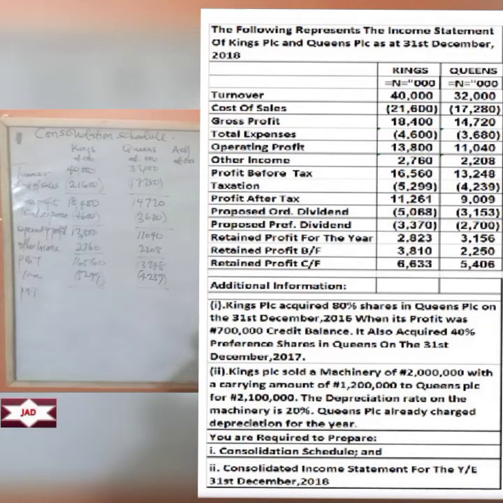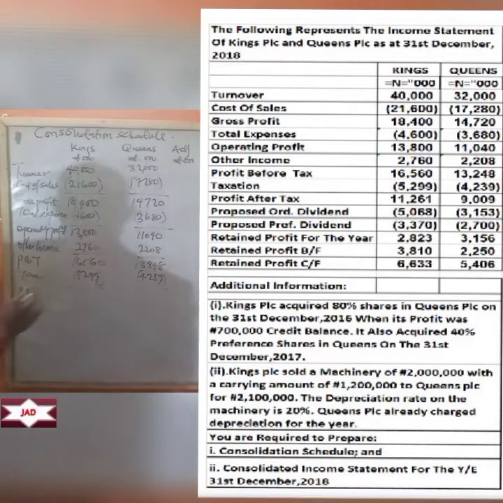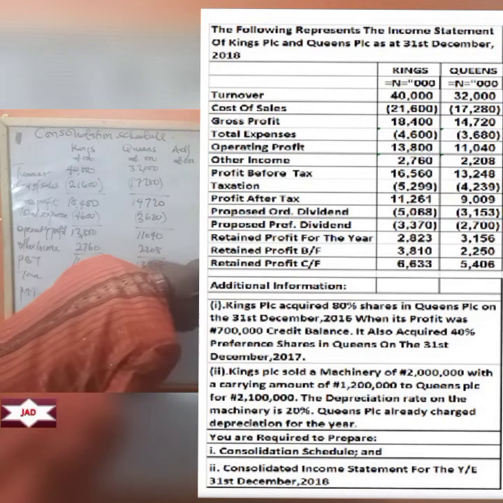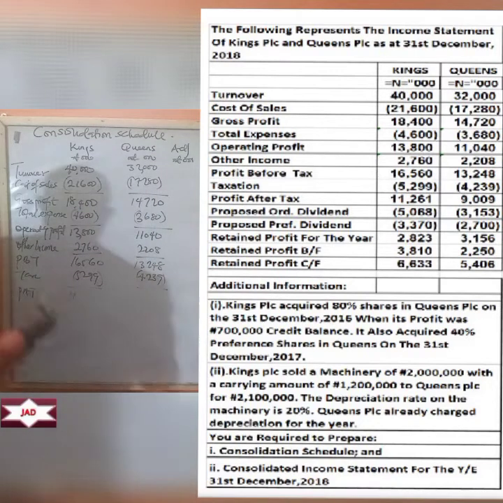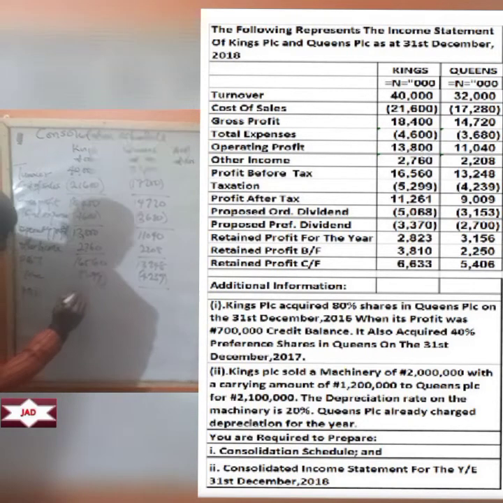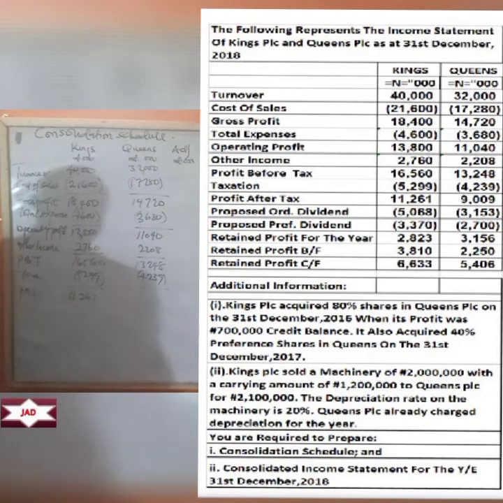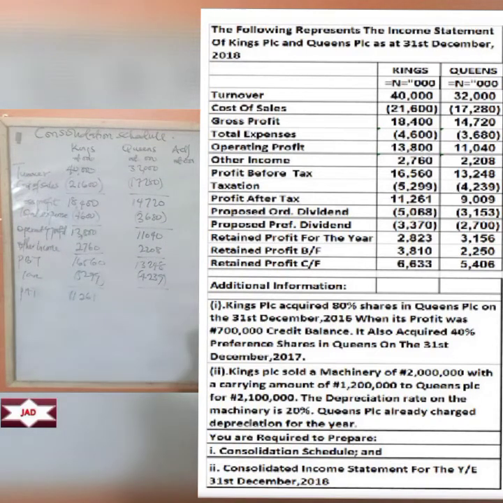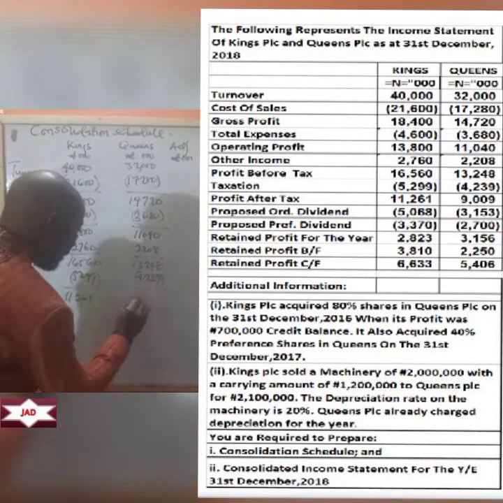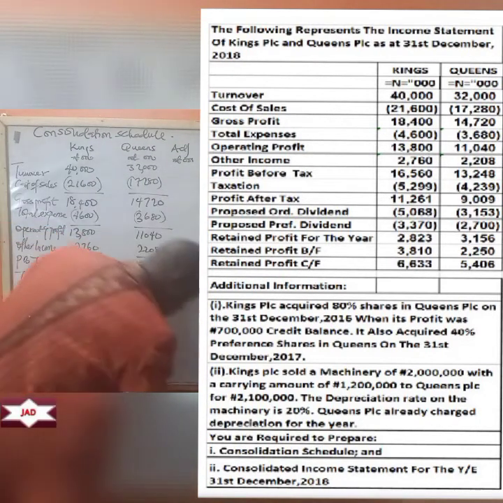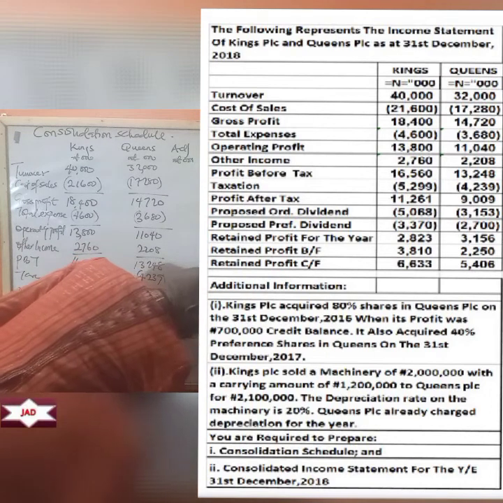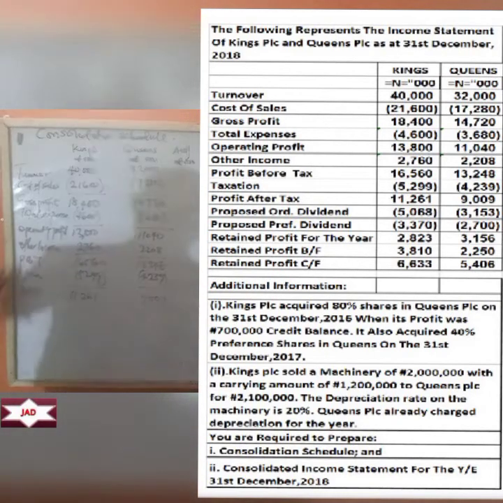What do we have there? 11,261, then we have 9,009. Okay, so we have it here.